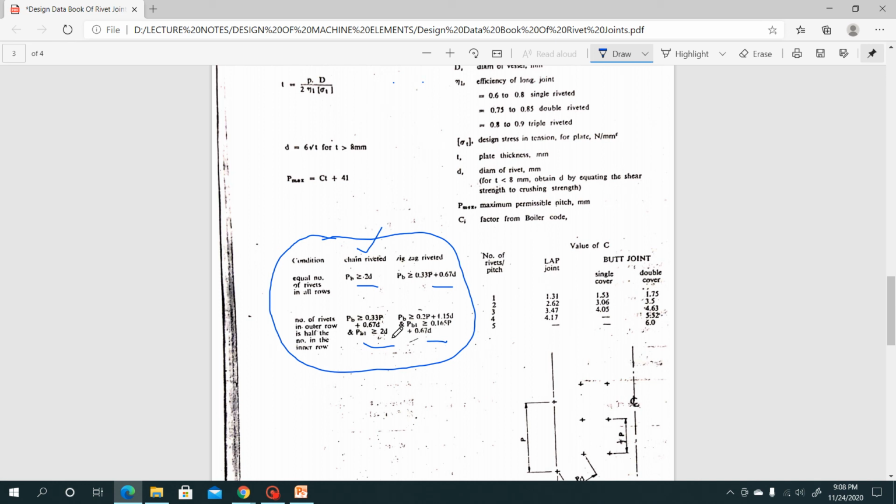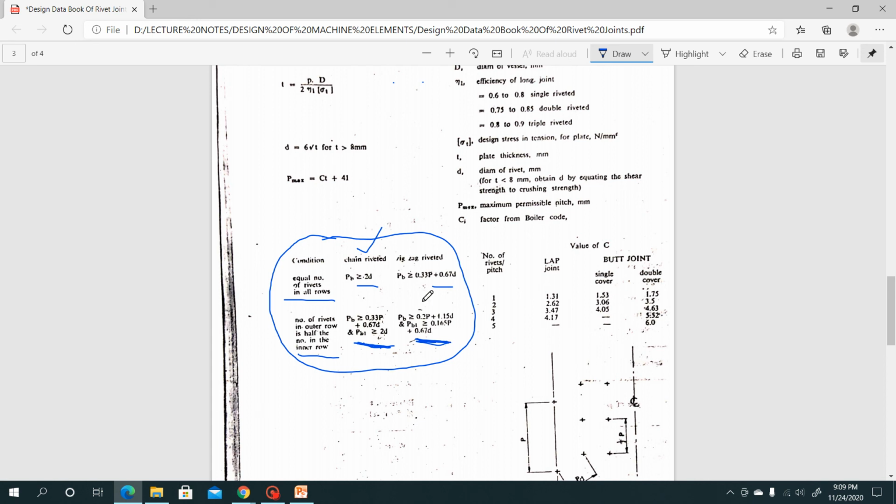Again, you will use this particular equation only when there are an equal number of rivets in all rows. But if the number of rivets in the outer row is half the number of rivets in the inner row, then for a chain riveted joint, back pitch is given by this expression, and for a zigzag riveted joint, back pitch is given by this equation. So you have to clearly read the problem.